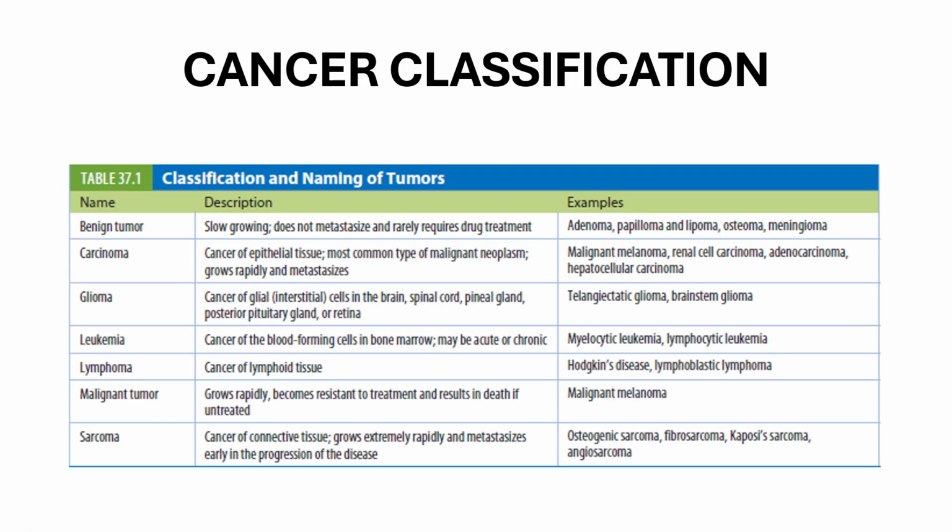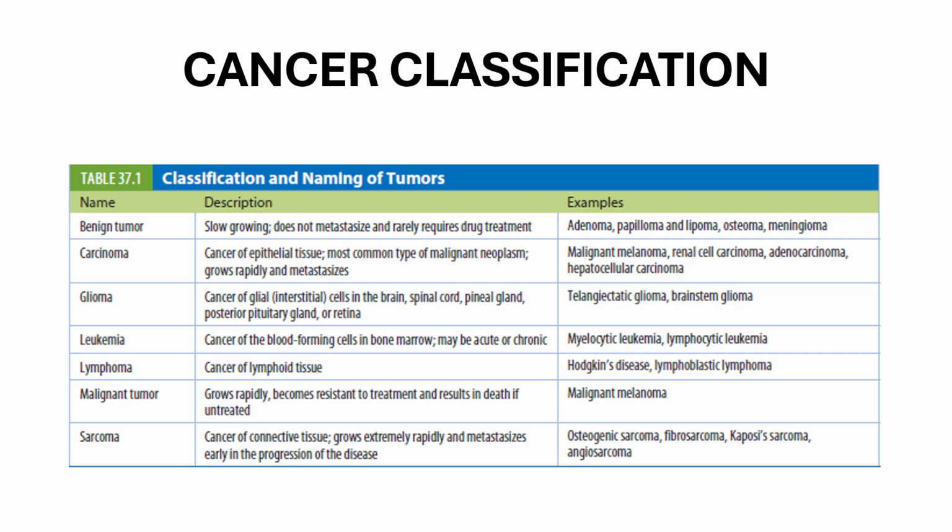The following are the classifications of cancer. We start with the benign tumor, slow growing and does not metastasize, and rarely requires drug treatment. They do not transfer from one place to another. Examples of this are adenoma, papilloma, and lipoma.